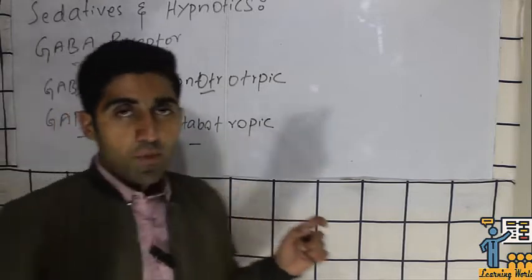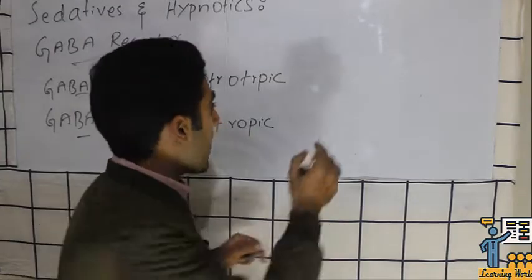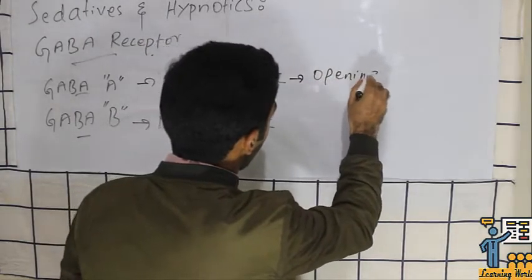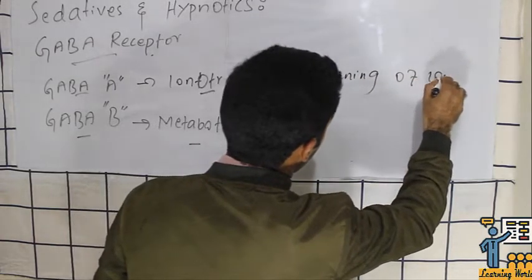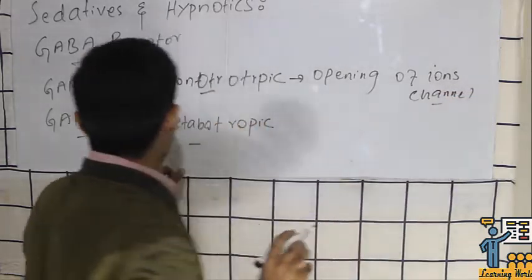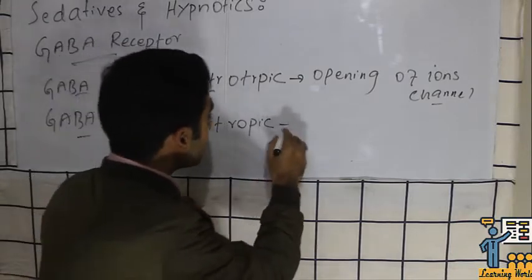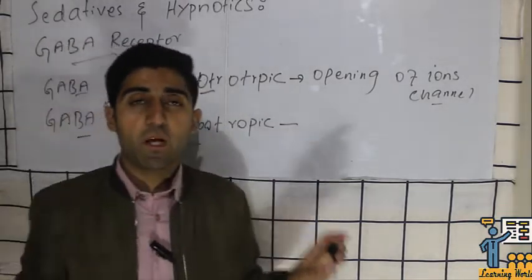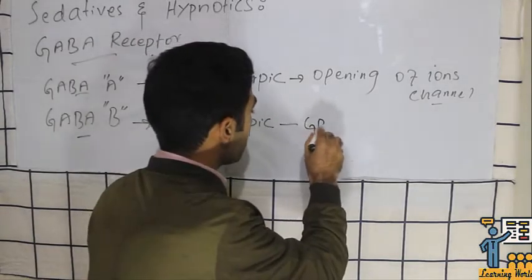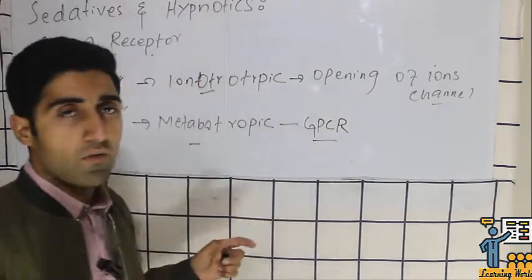When the ionotropic GABA A receptor is stimulated, the opening of the ion channel will occur. And the metabotropic receptors are actually G-protein coupled receptors, GPCR.